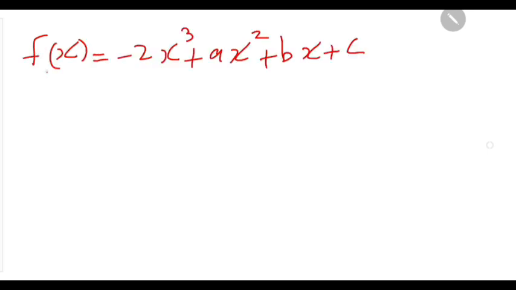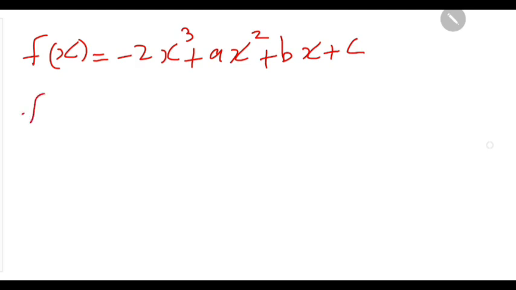So first we need to find the derivative of f of x, because f of x passes through two turning points. This is the equation of the cubic graph. So the equation of the cubic graph is f of x is equal to negative 2x power 3 plus ax power 2 plus bx plus c. So this is the given function. So I'm going to find the derivative of f of x.